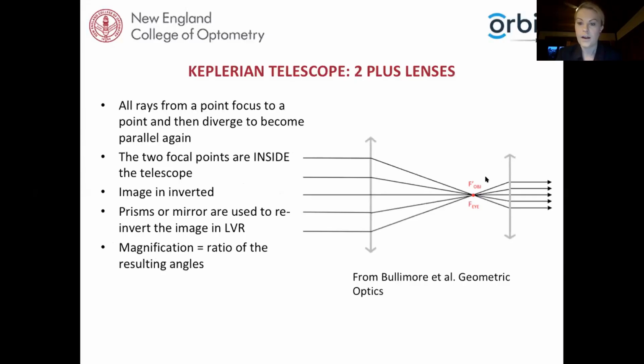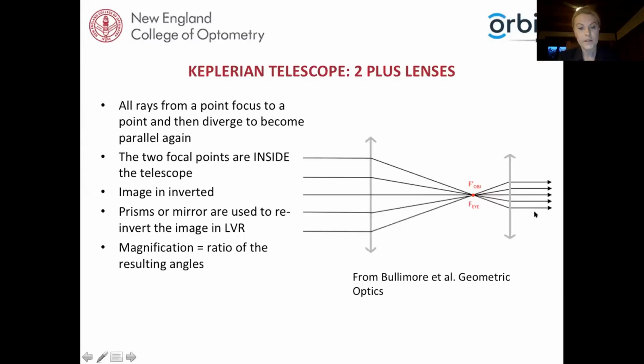So here's our Keplerian telescope, and as you can see, it's a little bit easier to illustrate here. We have light coming into the objective lens. This is a converging element, and an image is formed here. This image now becomes the object for the next lens in the system, and then that again converges the diverging rays, and we get parallel light coming out of the telescope.